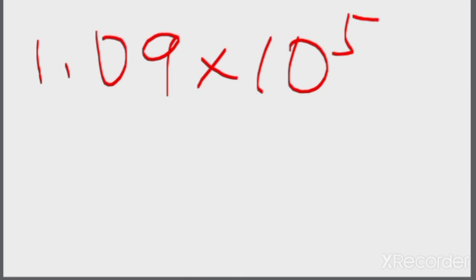So since the exponent is positive, we move the decimal to the right.